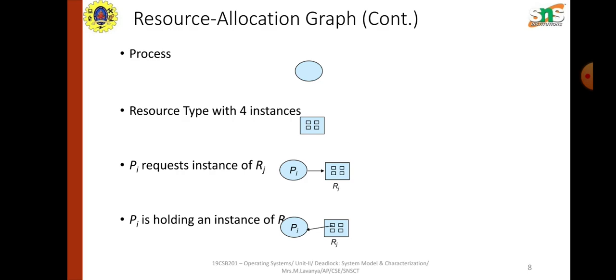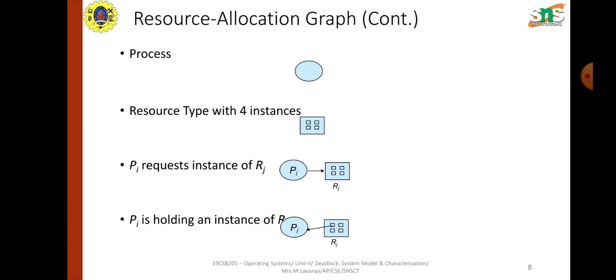But if the resource has multiple instances, then a dot or small rectangle will be marked inside the larger rectangle of the resource. In this given slide, the second one indicates a resource with a total of 4 instances, which are indicated inside the larger rectangle.